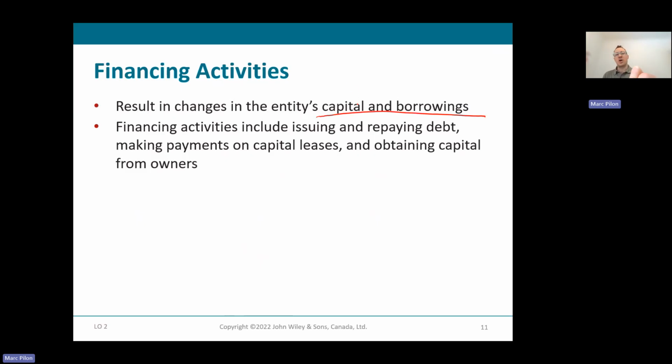Which is either borrowing or investing from shareholders, which would be part of equity. So debt. Leases as well. We studied leases a little bit earlier, and the issuance or the repurchase of shares.